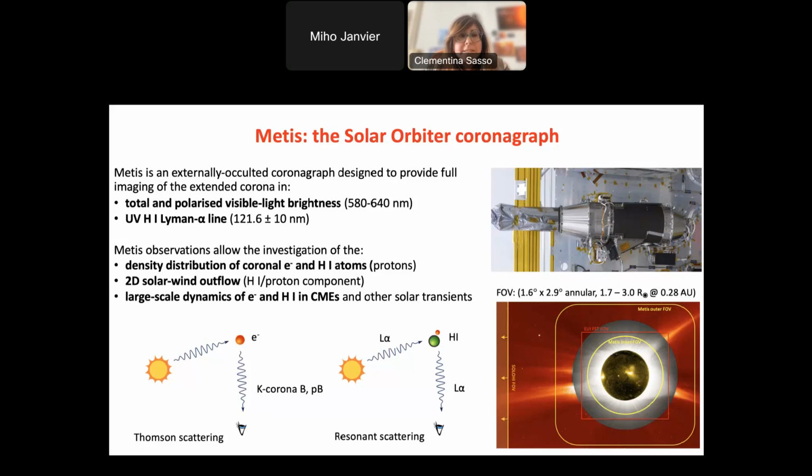And since we have these two channels, we can investigate the density distribution of the coronal electrons, but also of the protons. And then the 2D solar wind outflows, we can have an estimation of the velocity of the expansion of the corona, and also we can investigate solar transients and study the dynamics of the plasma in coronal mass ejections, CMEs, and not only these CMEs.